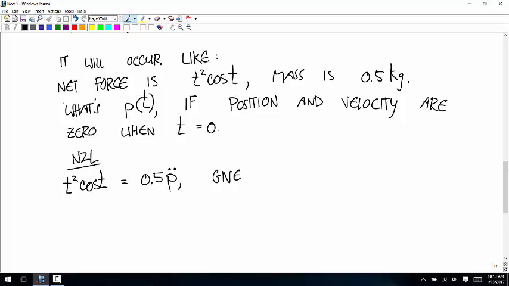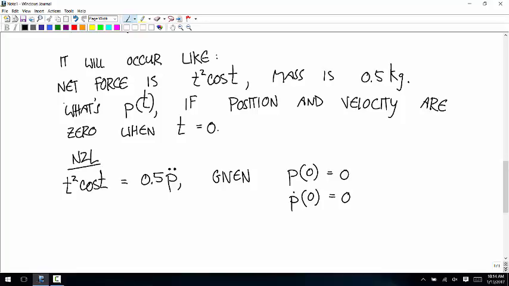And we're given the boundary conditions that p of 0 is 0 and v of 0 is 0, which also says p dot of 0 is 0. Okay, so now what we have is an ODE. Our independent variable is time. Our dependent variable is p, so we're trying to find that position function. It's second order, which means we need two boundary conditions, and we have them, so we're ready to solve this problem for position as a function of time.